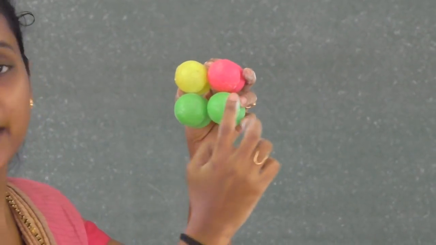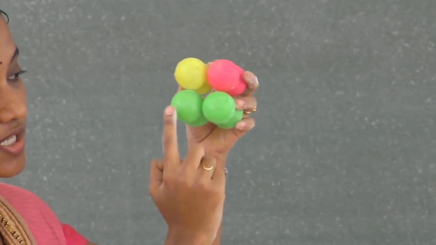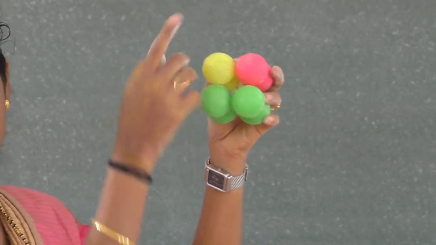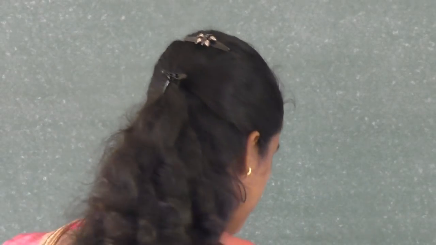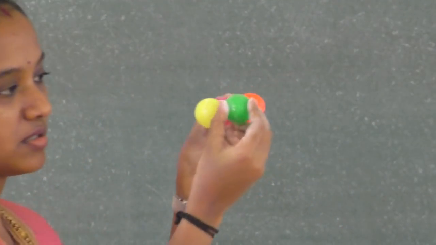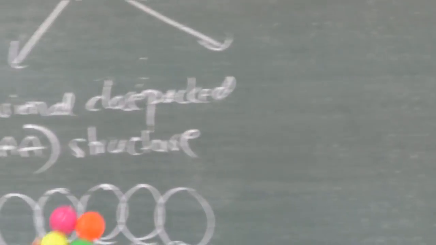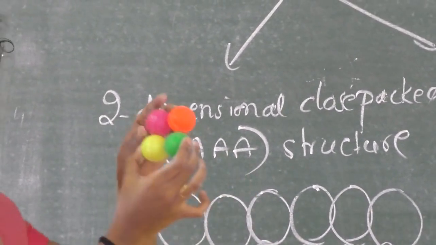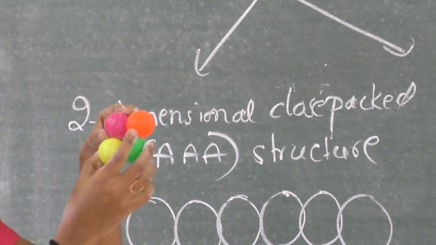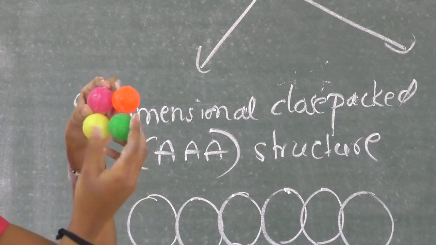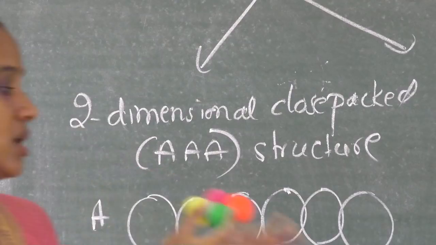There are three directions or three dimensions: x-axis, y-axis and z-axis. So this is the two-dimensional square close packed structure, AA type. Clear? This is AA type. The spheres are exactly one above the other. So this is two-dimensional square close packing.